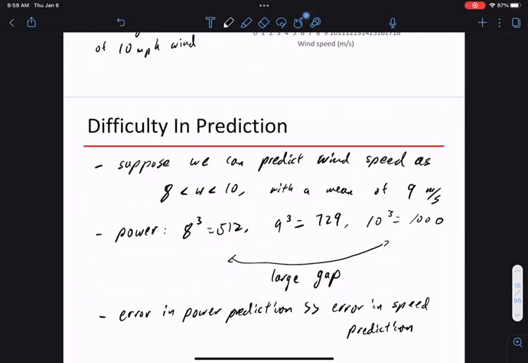So this is why a lot of people think, oh, wind power prediction we can do, because look at all the weather models, I can predict wind speed within 5% error. But once you start cubing things, especially large numbers, that error gets dramatically amplified. Any questions about this?